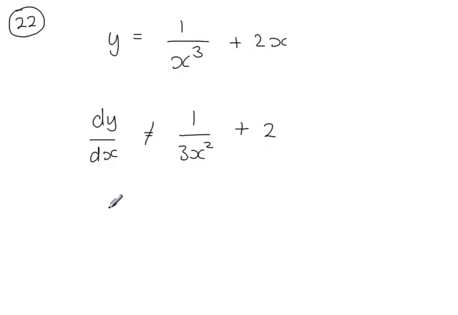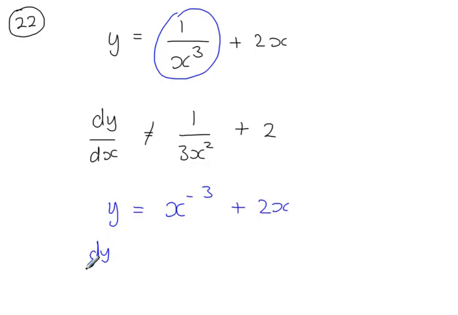What we should have done is rewritten this term as x to the power of minus 3, and then you've got the plus 2x, and then if you do dy by dx, the power comes to the front, so minus 3, x to the power of, reducing the power by 1, gives you minus 4, plus 2x.